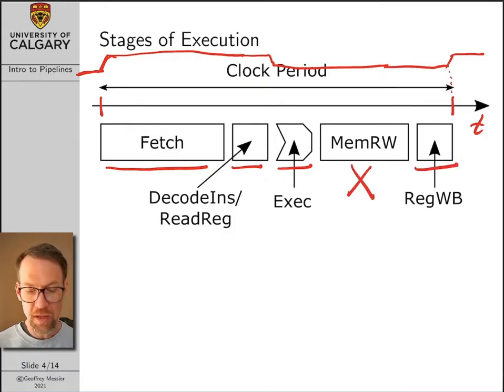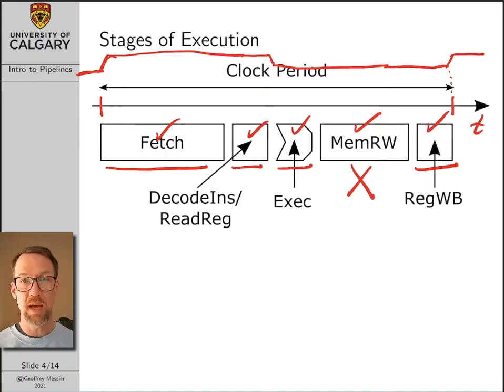We don't have to allocate extra time for the memory access in that case. But I'm drawing it this way because this represents worst case execution. When we're designing our pipeline, we're assuming the worst case, most complicated, slowest possible machine language instruction, where we have to fetch the instruction, decode the registers, do something with the ALU, then wait for memory, and then finally write back to our registers.